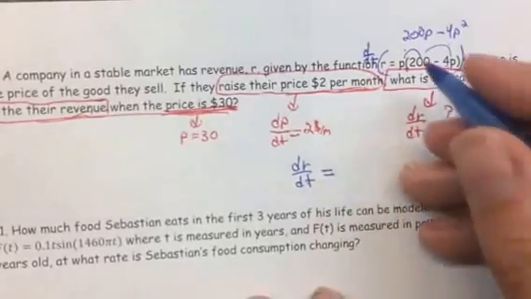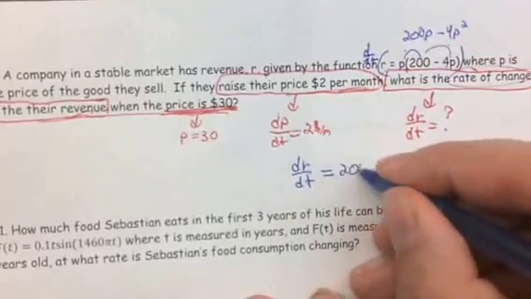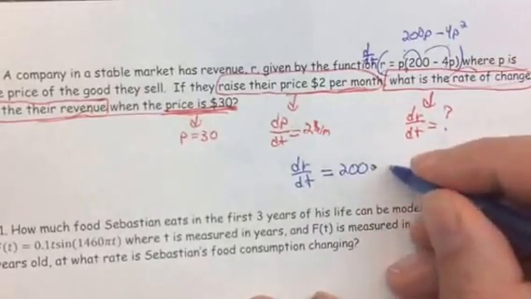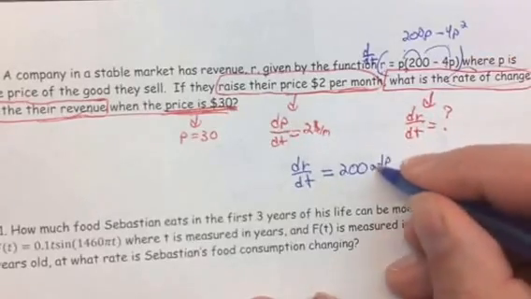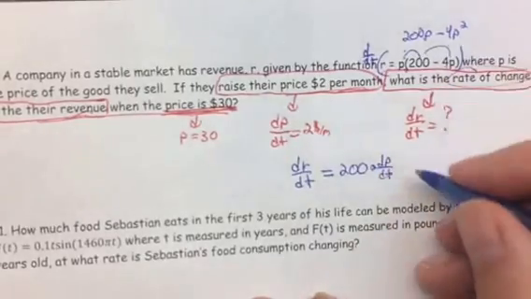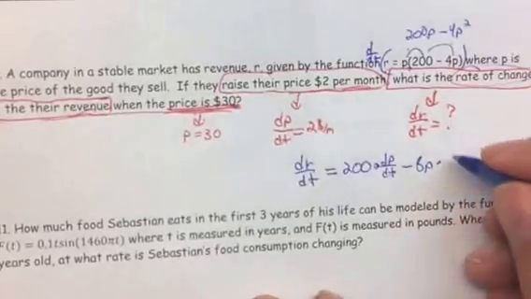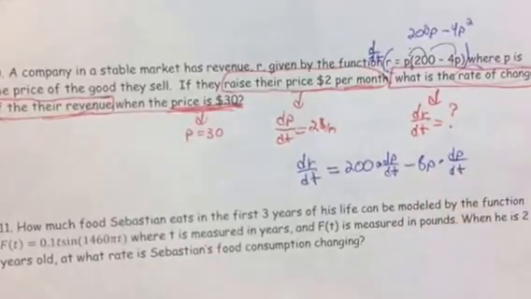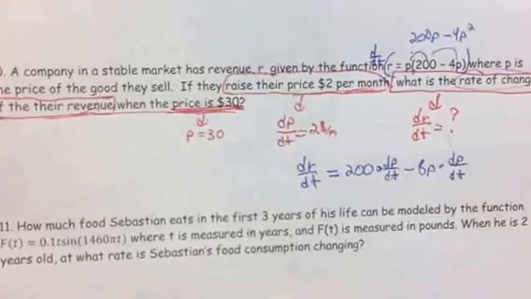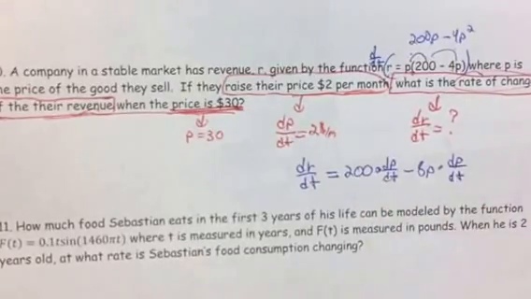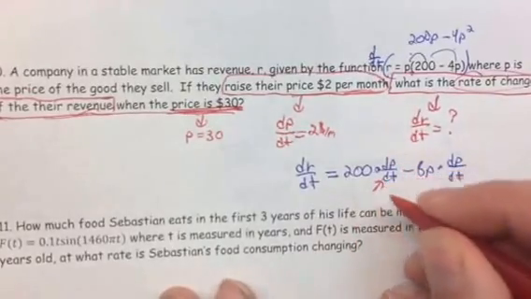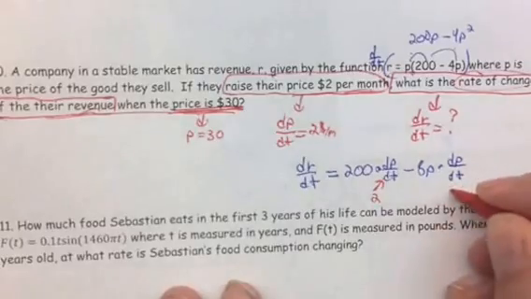So equals, the derivative of 200p is 200 times the derivative of p, which is dp/dt, minus 8p times dp/dt by the chain rule. Again, last unit we would have said p prime, but here we're saying dp/dt. Okay, so let's fill in. dp/dt is 2.